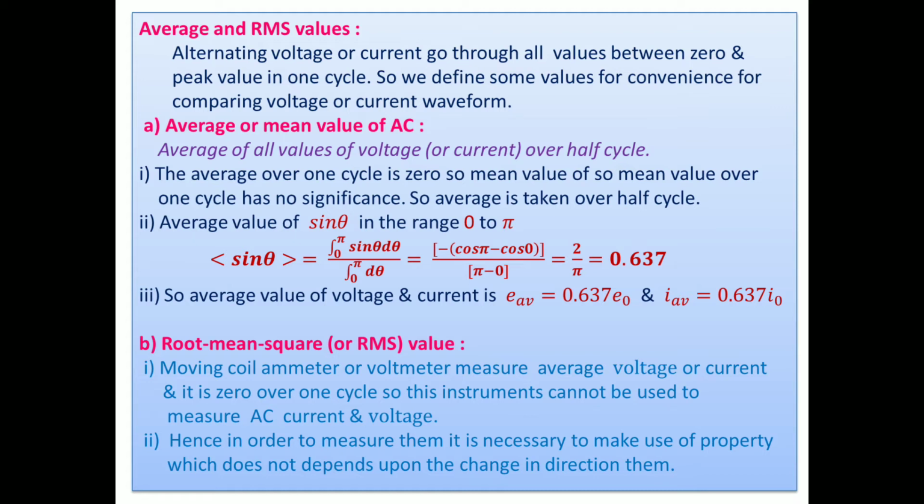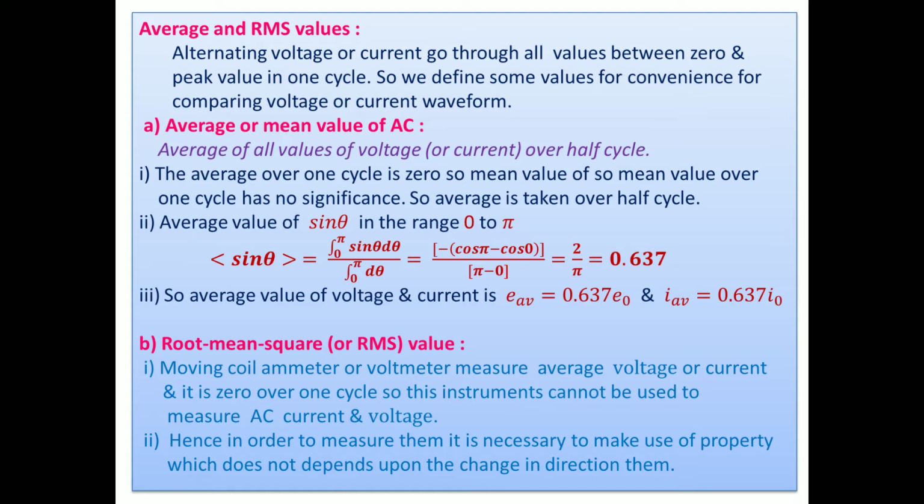So it is possible to measure DC, because DC is always steady or constant, and it is measurable by a moving coil voltmeter or ammeter. But when we use this moving coil voltmeter or ammeter to measure alternating voltage or current, it measures the average, and we know that the average value of alternating voltage or current over one complete cycle is 0.